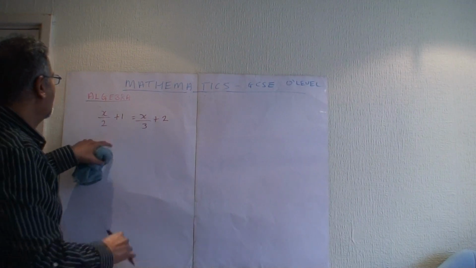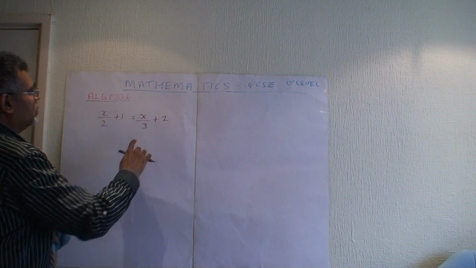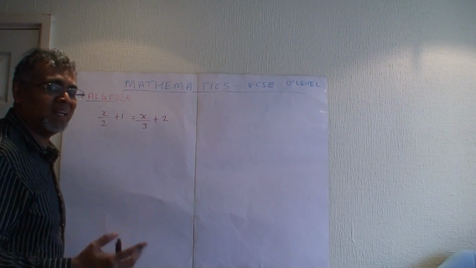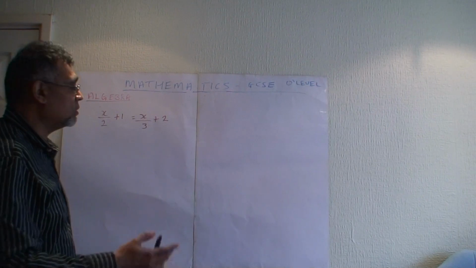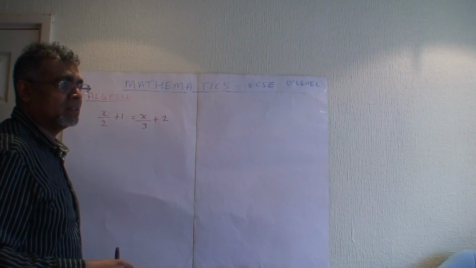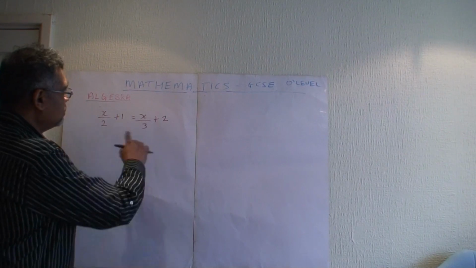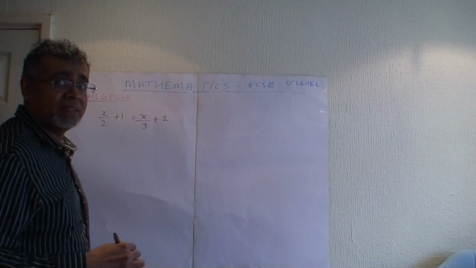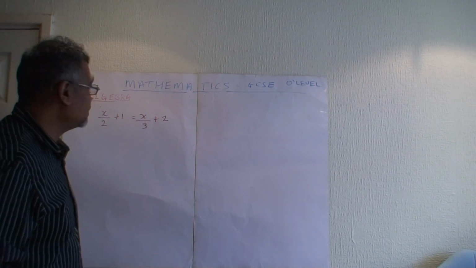So you've got the 2 and the 3, so the best thing to do is to find the LCM, the lowest common multiple of 2 and 3. It's the next figure higher than 2 and 3 that's divisible by 2 and 3.